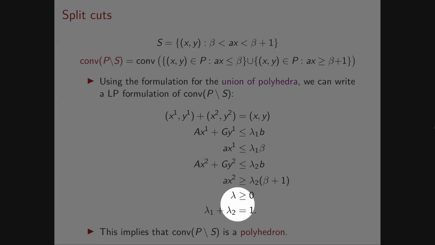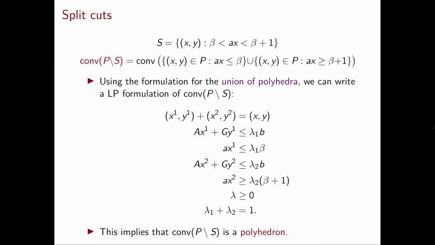Then we have lambda greater than or equal to 0 and the lambdas must sum to 1. This is an extended formulation for the convex hull of P minus S. In particular, this implies that the convex hull of P minus S is a polyhedron, and this is because projections of polyhedra are still polyhedra.